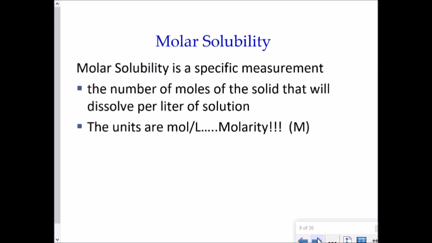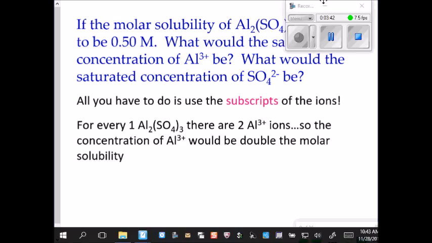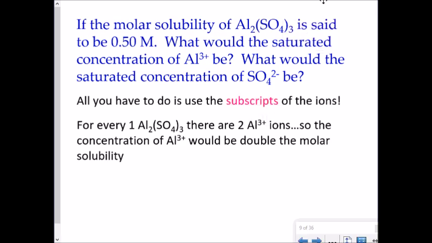Now for some examples of how to think about molar solubility. Take a look here. This is kind of a review of Unit 1. Looking here at aluminum sulfate, we're saying the molar solubility is 0.5 molar. What would be the saturated concentration of aluminum?